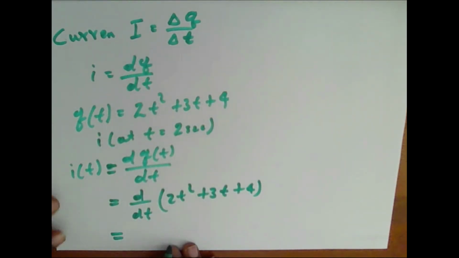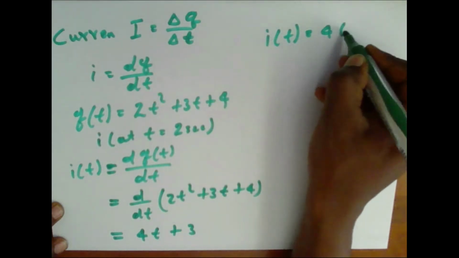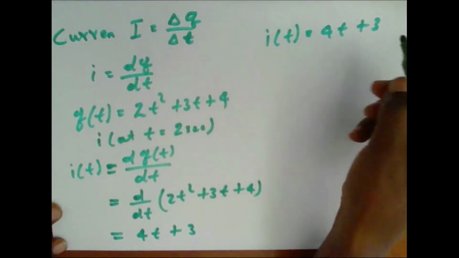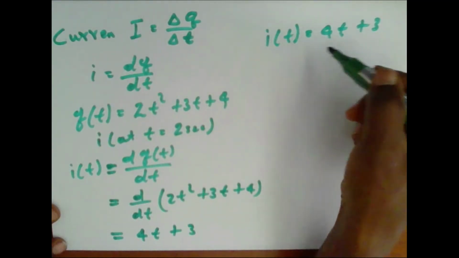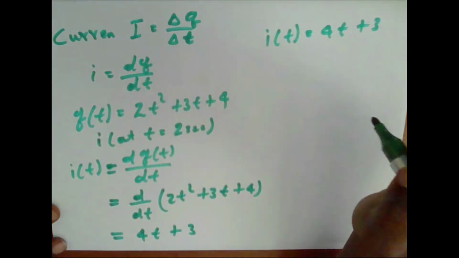This will be equal to 4t plus 1 times 3, which is 3, plus 0, so 4t plus 3. Therefore I of t is equal to 4t plus 3. So current depends upon time, therefore there is a change in current when the time varies.